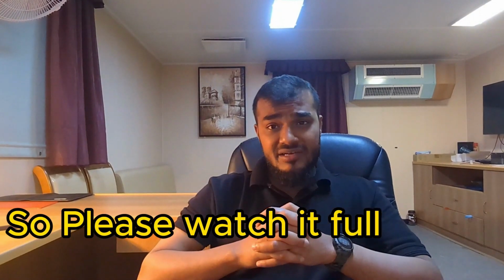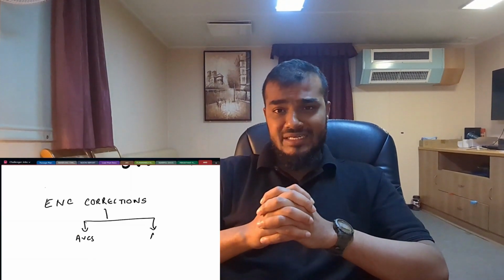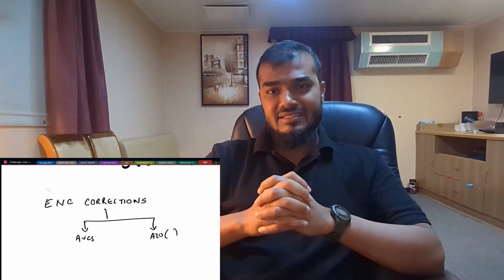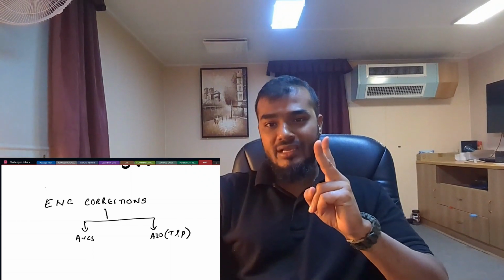AIO is Admiralty Information Overlay, which can be seen as a top layer on top of your ECDIS cell in the ECDIS display. We need to understand we have two types of updates every week for ECDIS. One is AVCS weekly update and another one is AIO weekly update.